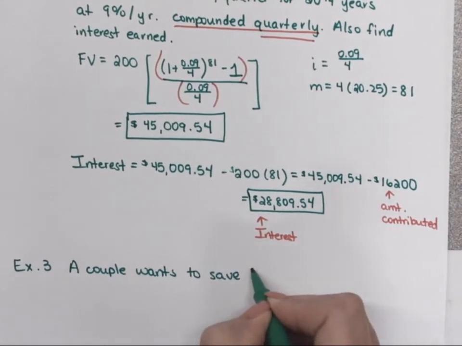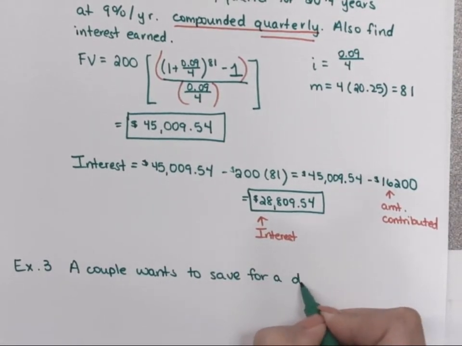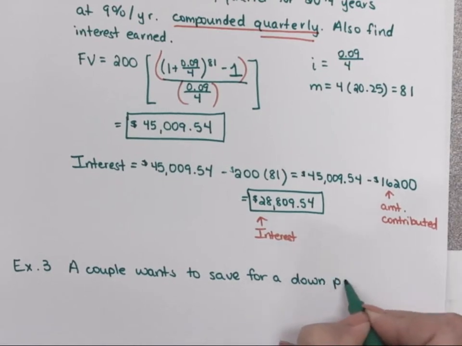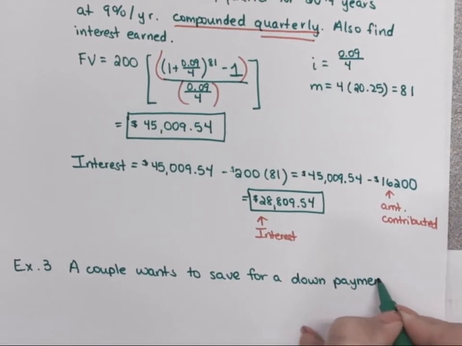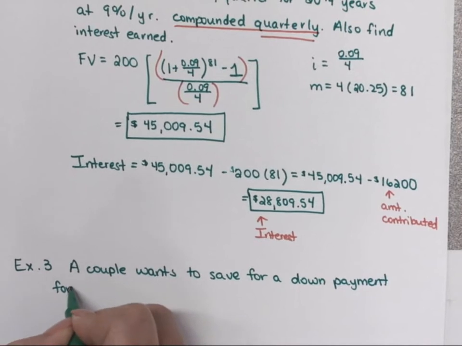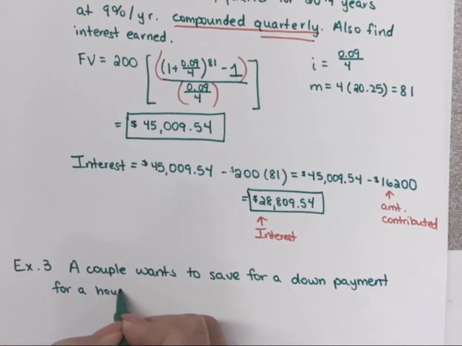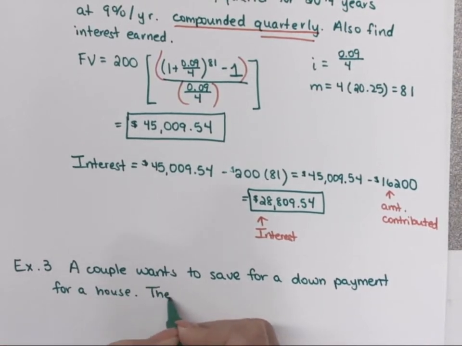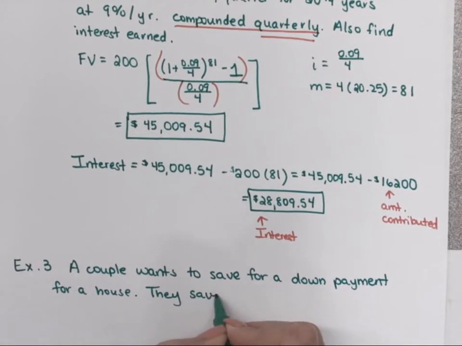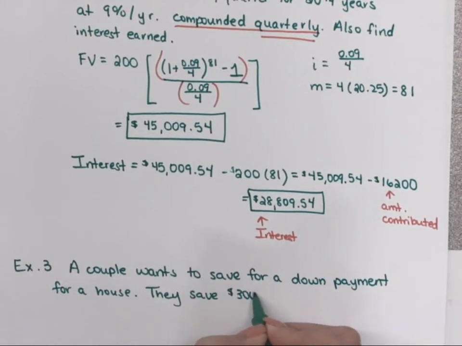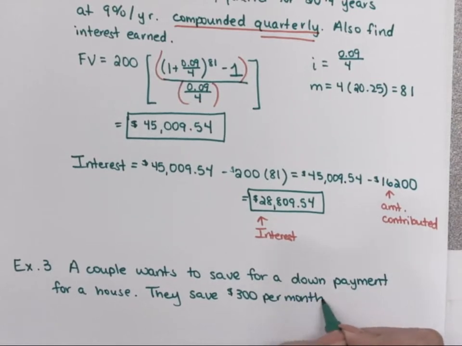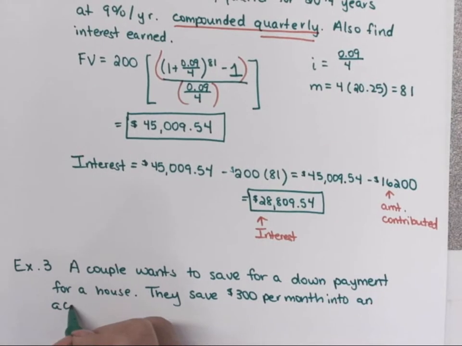So let's say a couple wants to save for a down payment for a house. And let's say that they save $300 per month into an account paying 6% compounded monthly.